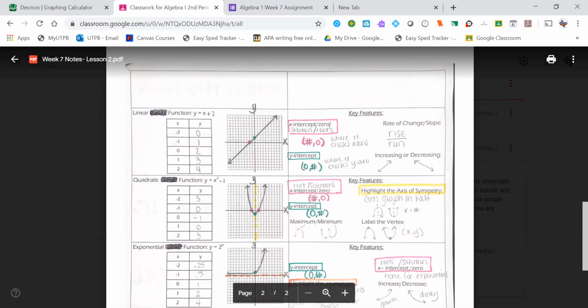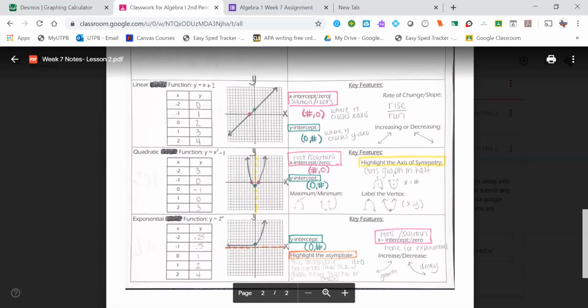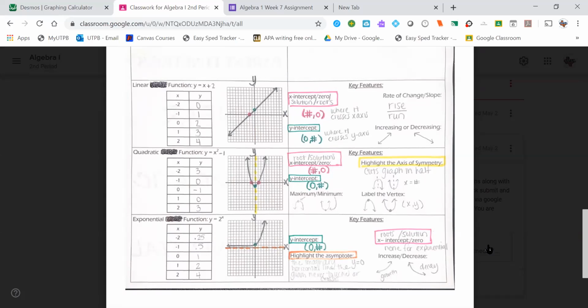And if you look right at the bottom of this page where it says x-intercept, it's circled, or it's got the pink square around it. Right there on your notes that are provided for you, it tells you what other names there are for x-intercepts. Those are the only other 3 that are listed there. That's it. So make sure you're looking at the PDF notes that are provided for you. They are there to help you. And if you look, they talk about everything that I just talked about.